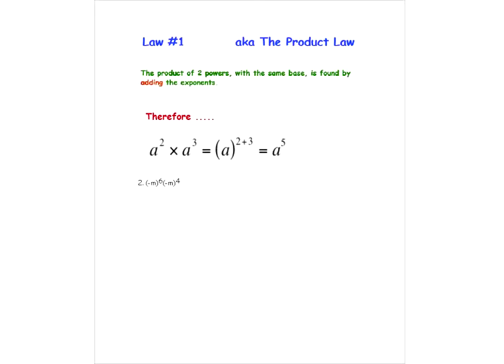What's the exponent going to be? Look at the example. Okay, it's going to be 10, right? We're going to add 6 plus 4. Good stuff. All right, so it's going to be minus m to the 10.